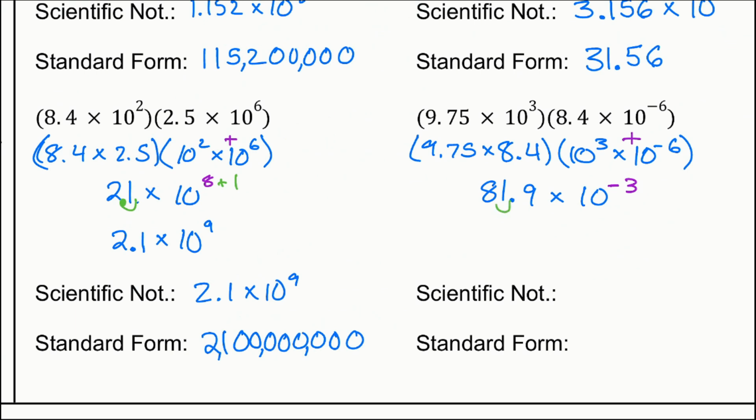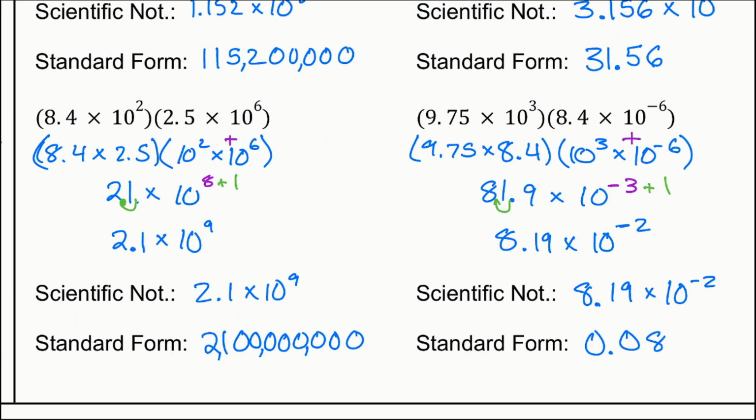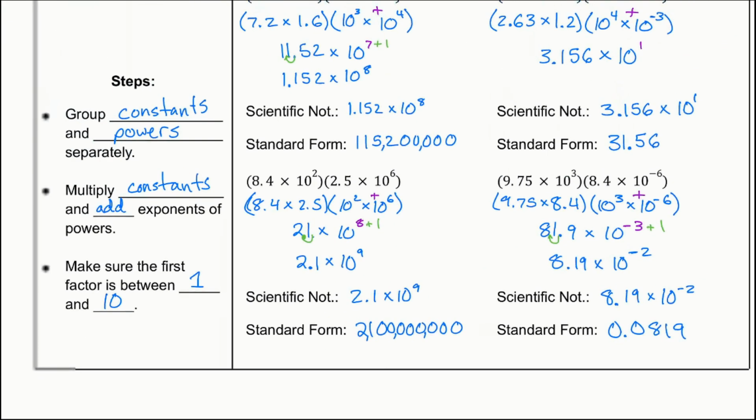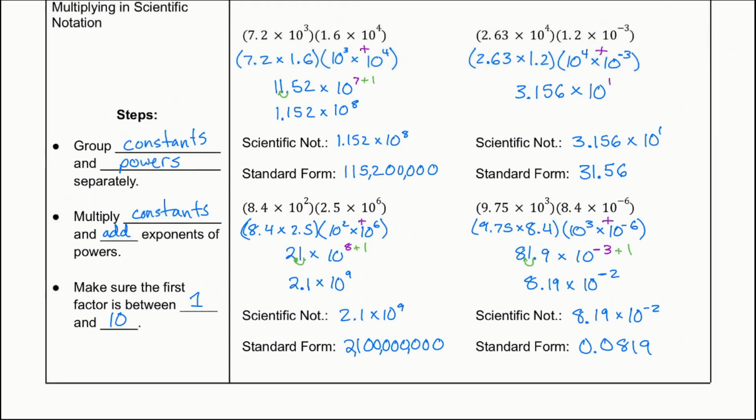We need to decrease our decimal by 1, which means we increase our exponent by 1. So this will then be 8.19 times 10 to the negative 3 plus 1 is negative 2. And in standard form, it would be 0.120819.